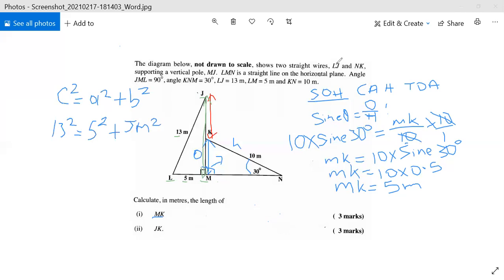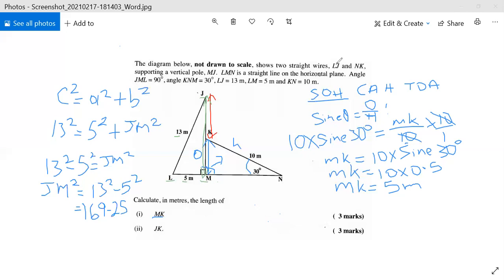So now JM squared would be equal to 13 squared, and we bring over this 5 squared, so we're going to have minus 5 squared. It becomes negative when we bring it over the equal sign. So JM squared is equal to 13 squared minus 5 squared. 13 squared is 169, and 5 squared is 25.